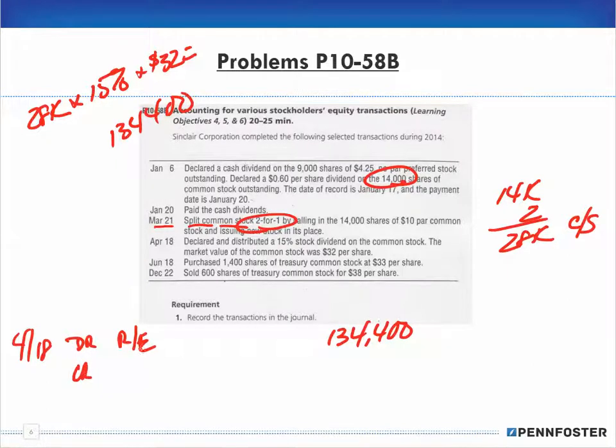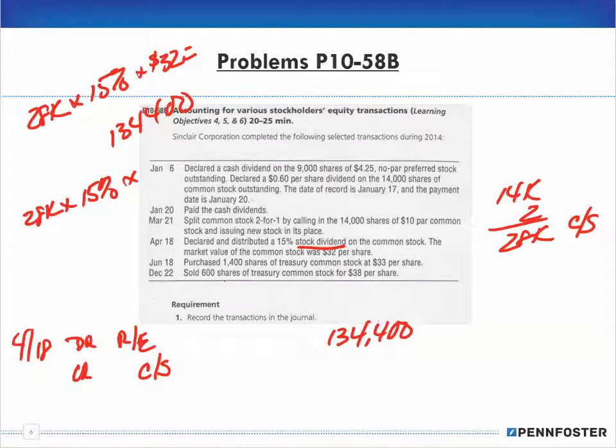Then I'm going to credit my common stock because this is a stock dividend, okay? We're going to create additional shares of stock. So I'm going to credit common stock, all right? And the amount of that stock is going to be 28,000 times the 15% stock dividend, but what is the par value now?